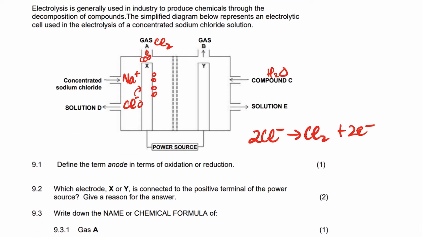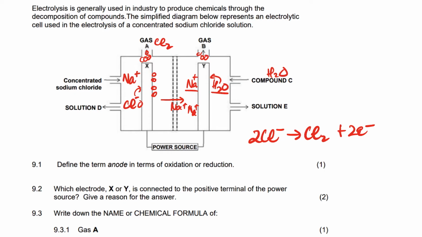Sorry, on this side it's water, and then some of the sodium will migrate through the permeable membrane. There will be sodium ions there, and then there's water. So between water and sodium, water will be reduced. When water is reduced, there will be hydrogen gas.